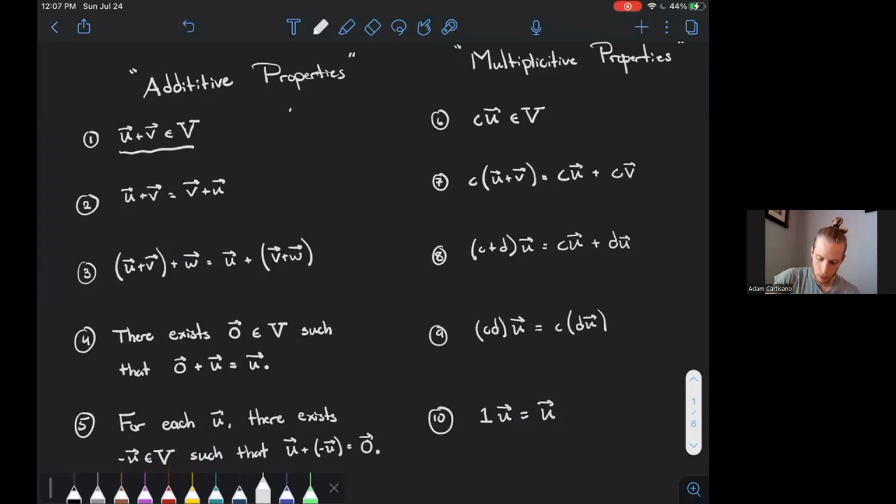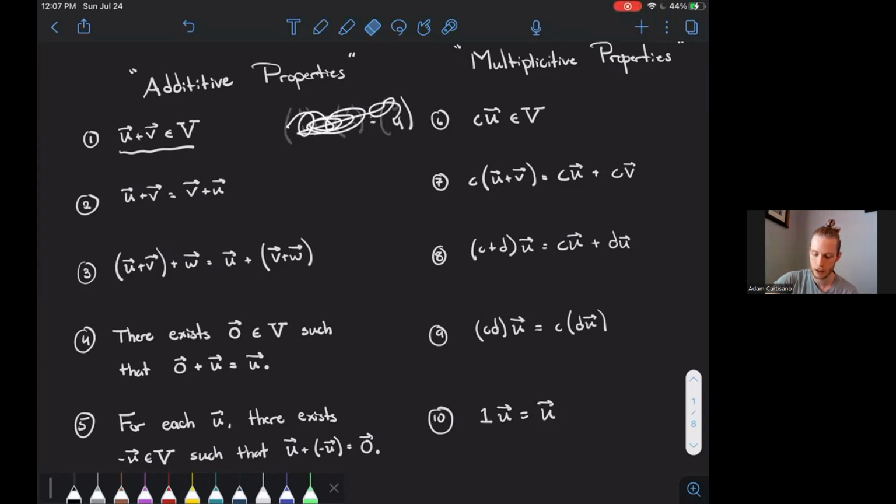In R2, for example, if I have the vector 1, 1, and I have the vector 2, 3, addition is defined component-wise. So we're looking at the vector 3, 4. This first property is just the observation that the output vector 3, 4 is also a two-dimensional vector. Of course, this is what we are expecting. And so this kind of property.